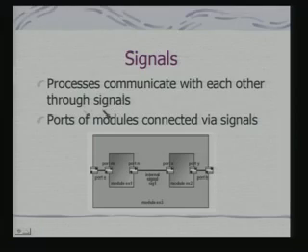Please note the word channel that I have used not in the sense of SystemC, but in an English generic sense. So, processes communicate with each other through signals. Okay. So, ports of modules are connected via signals. This is your module 1, this is your module 2, and these modules have to be connected via ports, okay, and there will be signals connecting the ports.